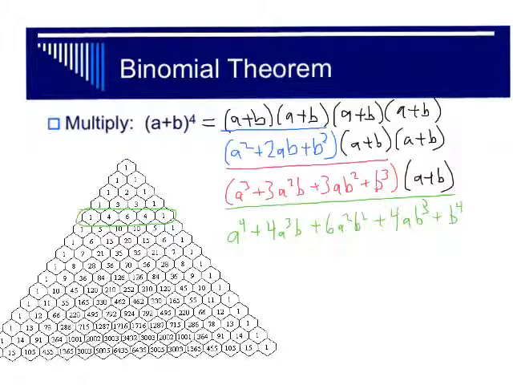And in fact, the step before that, which was really in red, we have a plus b to the third power. Notice the numbers 1, 3, 3, and 1. Those are another row of Pascal's triangle. And the term before that, which was a plus b squared, was 1, 2, and 1. And that's a row of Pascal's triangle as well.